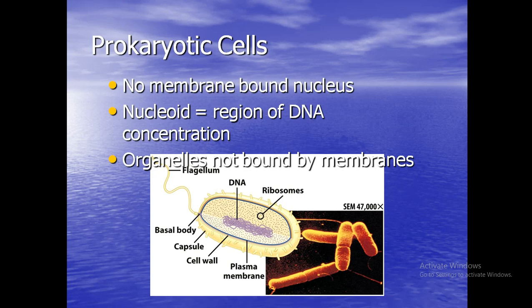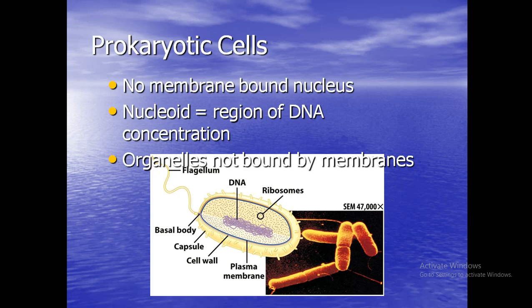Here in the prokaryotic cell, there is no membrane bound nucleus. That means there is no distinct nucleus. In the cytoplasm only you can see the DNA concentration. Even though there are some cell organelles like ribosomes, they are not bounded by membranes.